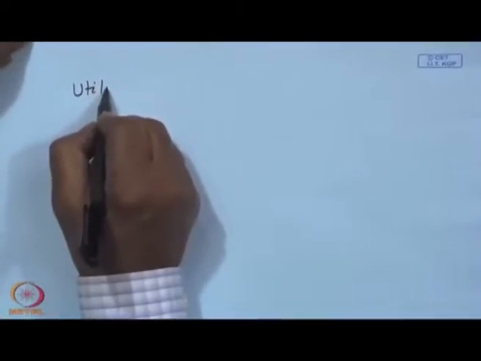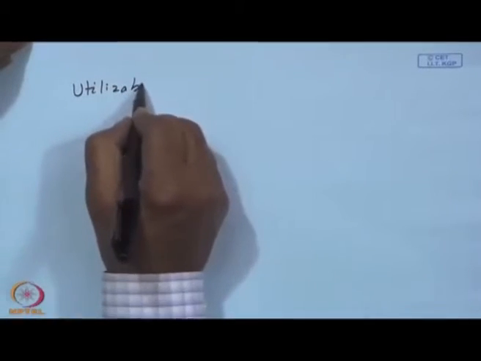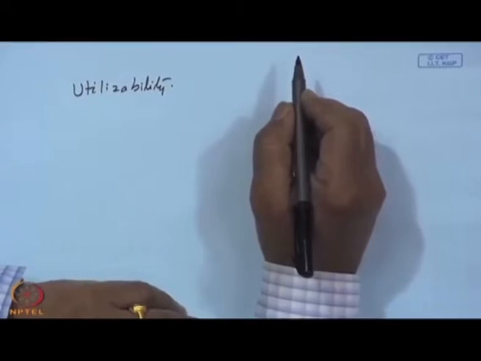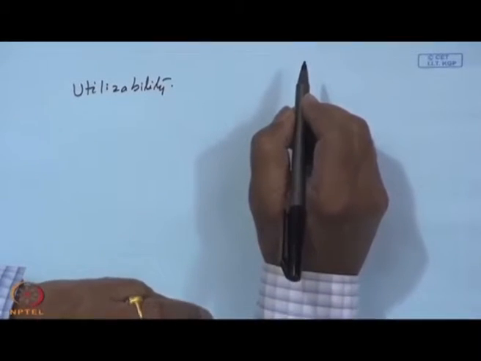Now, in the context of so-called utilizability, which we said that the solar radiation intensity above a certain critical level shall be useful for meeting the energy demand above a particular specified minimum temperature.